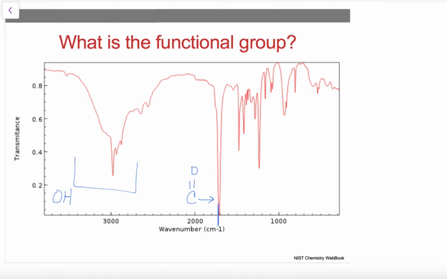So what's our functional group? If we have a carbonyl and an OH, that means the general structure would look like this, and the functional group name for this is a carboxylic acid.